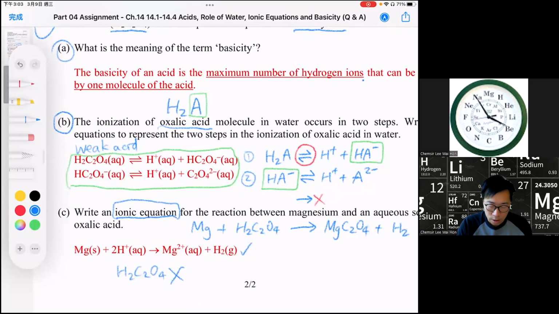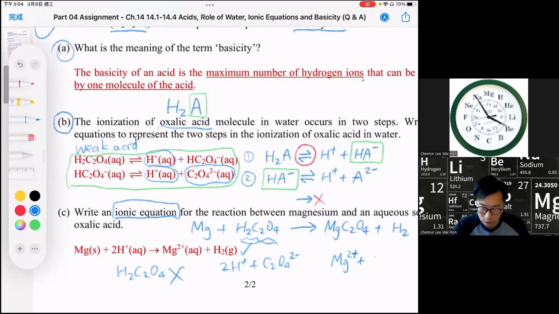And then next, you consider the ionization. H2C2O4 will finally become 2H+ and C2O4 2-, based on the ionization, just like this one, and this one. And then on the right-hand side, the salt magnesium oxalate should contain two types of mobile ions.